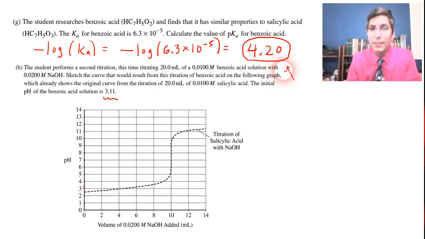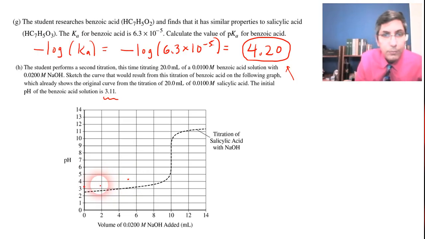The pH equals pKa at the halfway point. The equivalence point is still 10 milliliters. So 5 mL, you want to draw at 4.20. So that's right around here. Okay, so draw that point right in that. And so once again, we are going to have a titration curve that mirrors the other one, except it's a little bit higher.